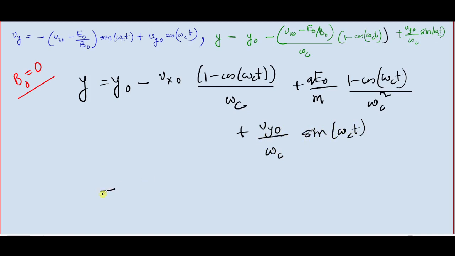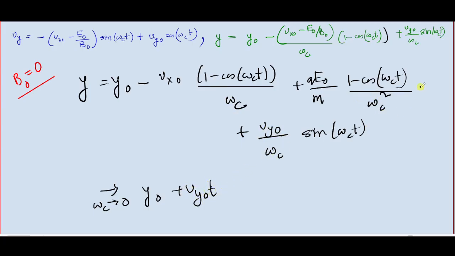And now the limit omega c goes to 0 simply gives you y0. This term goes to 0. This term goes to Vy0 into t.